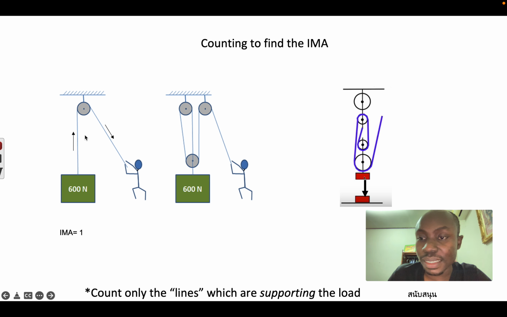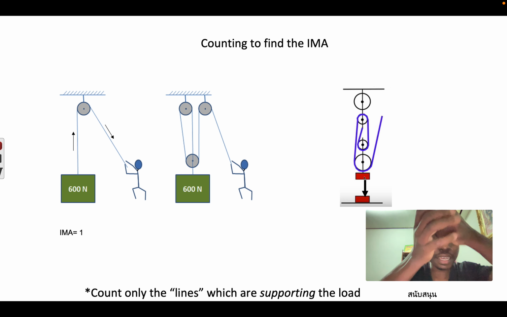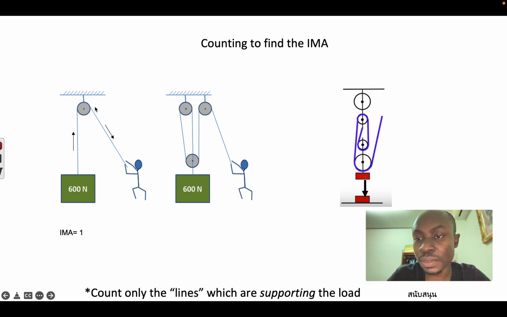There are 2 lines. Okay, this line here is helping to lift the load up. It's helping to support, but the line that we are holding is not. So there's only one line which is supporting the load. So the IMA will be equal to 1.